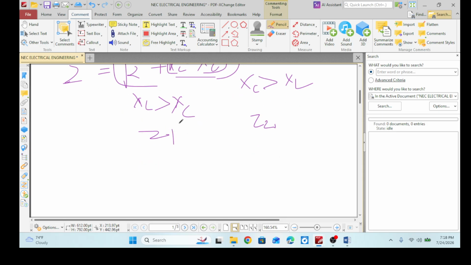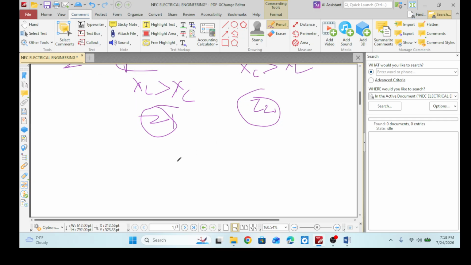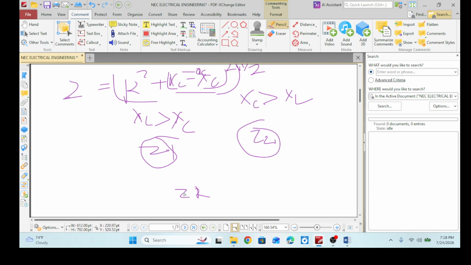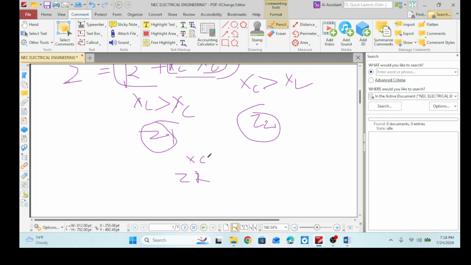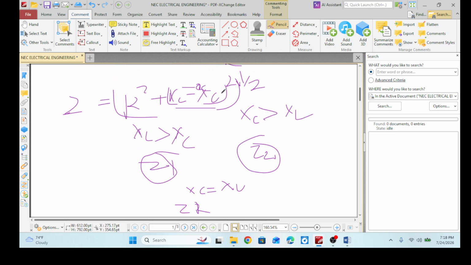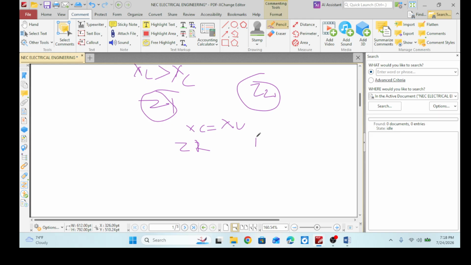So Z1 and Z2 are always greater than ZR. How? If XC equals XL, obviously the two will cancel out and the only thing remaining is R. Z equals R, so ZR.